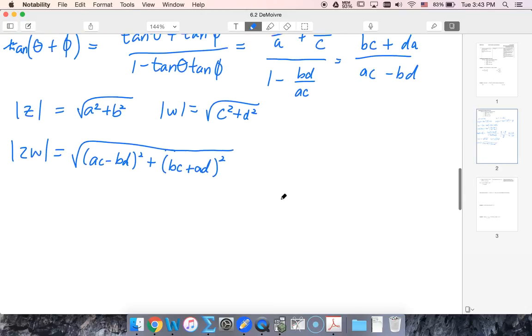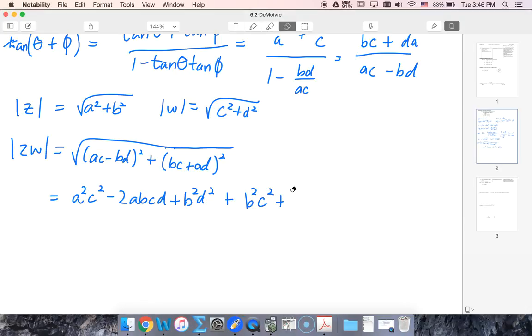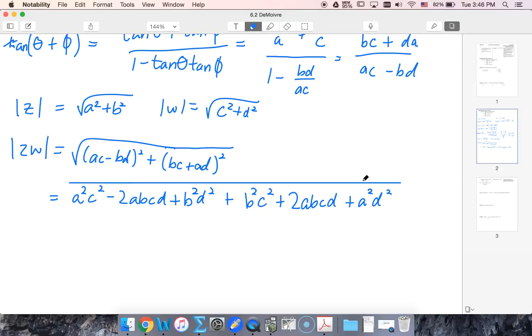Well, if I expand this and simplify it, I'm going to get a squared c squared minus 2abcd plus b squared d squared plus, expanding this, b squared c squared plus 2abcd plus a squared d squared, and of course the square root of all of that.